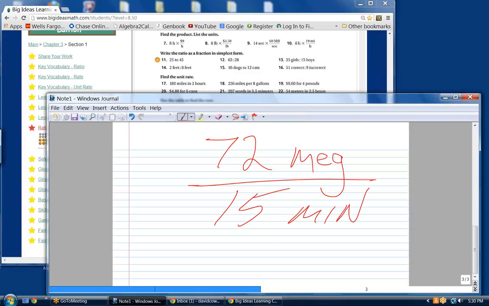We need per minute. So how am I going to get how many megs per minute? To divide by 15 on both sides. Right, on top and bottom. Not both sides, top and bottom. It's not the same as an equation. In other words, this is a fraction which I'm allowed to multiply or divide by 1. And that's all I've done. When I divide top and bottom by 15, I'm dividing by 1.